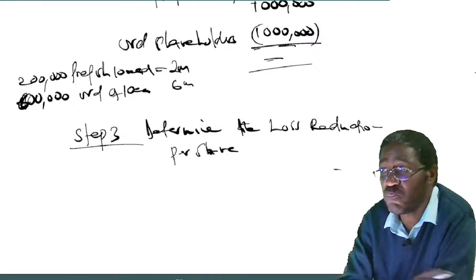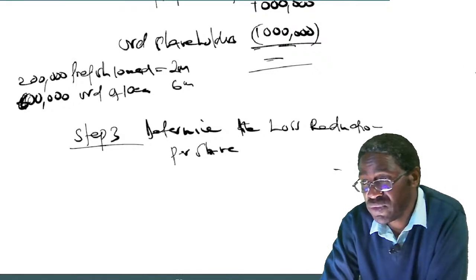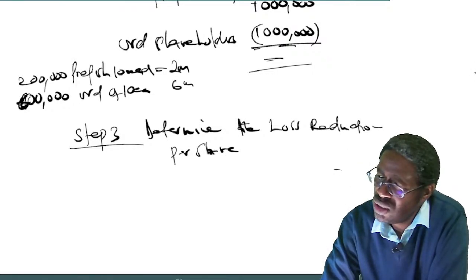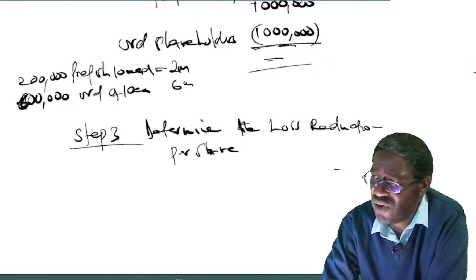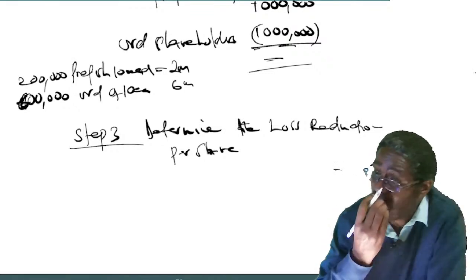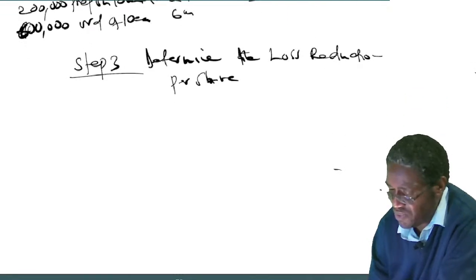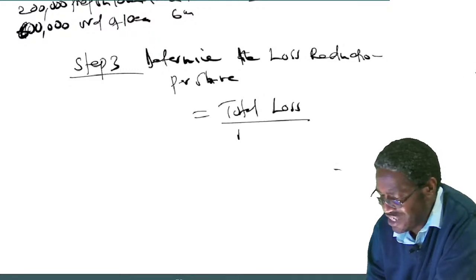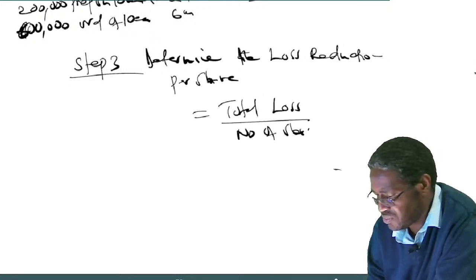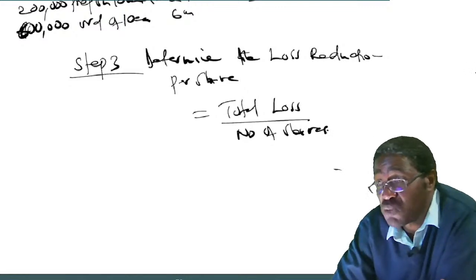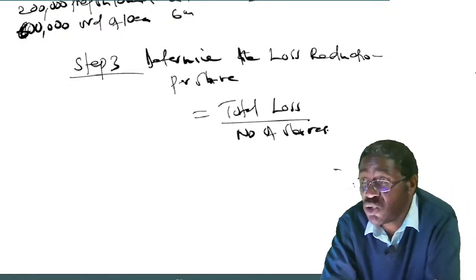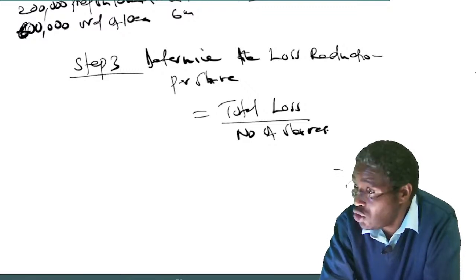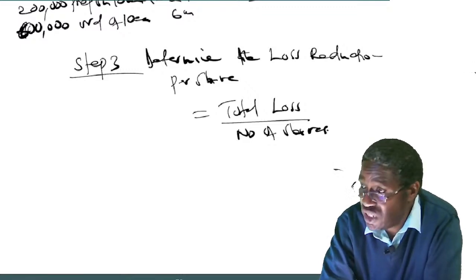We want to know, yes, the ordinary shareholders are going to suffer that loss of 5 million, but from their capital, how much should we write off per share? So we determine the loss reduction per share by taking the total loss and dividing it by the number of shares.